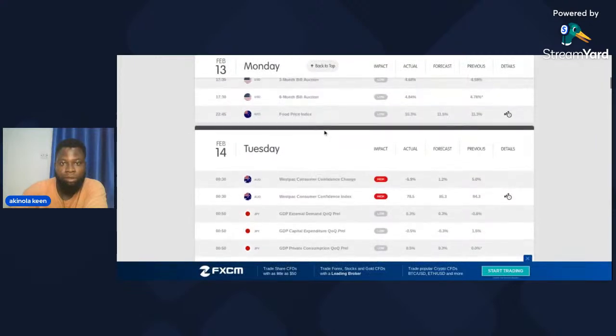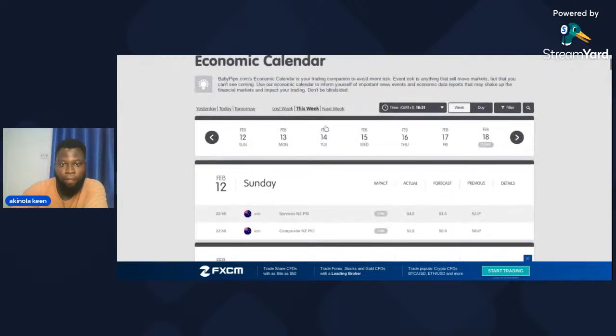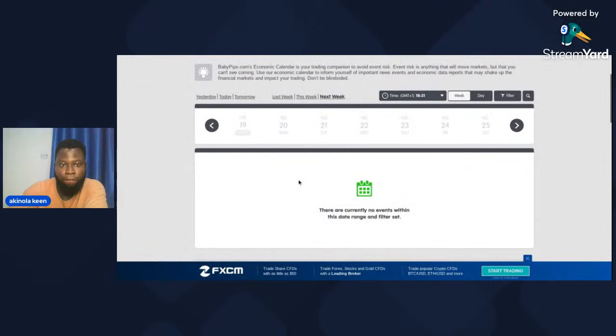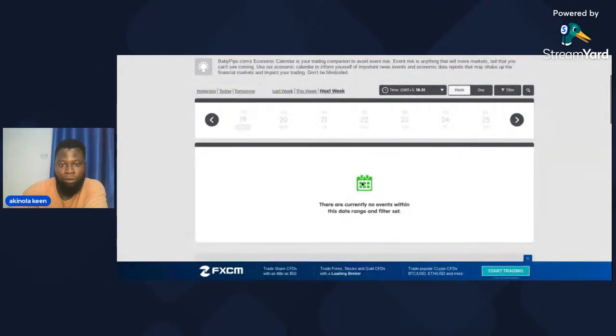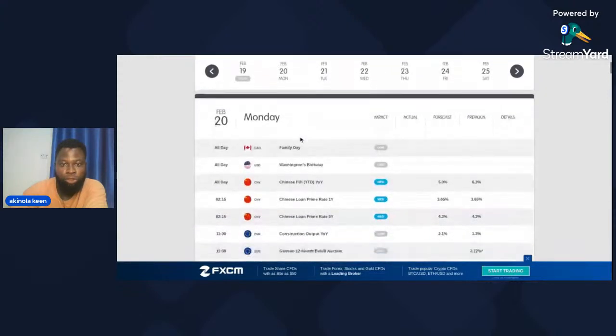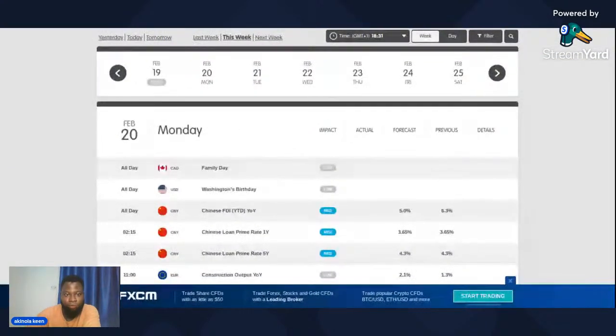So let's check this week. Monday is going to be February 20, right? So these are the events that are going to happen this week.